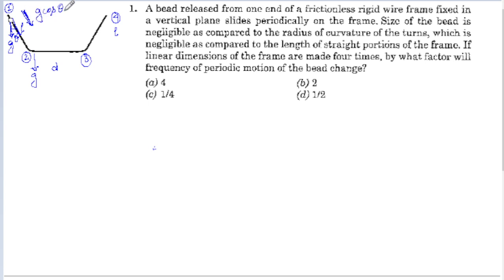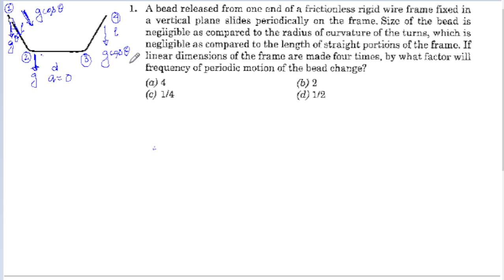But for the horizontal segment, g is acting vertically downward, so there is no contribution to acceleration along its path during the horizontal motion. So here the acceleration a is equal to 0. Again, here the acceleration is in this direction, that is g cos theta.